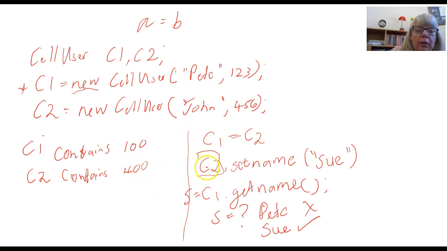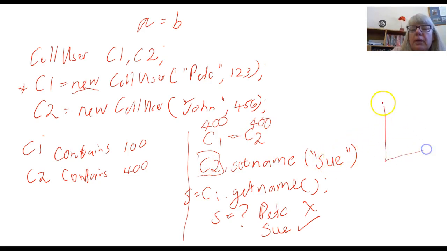Go to position 400 and change the name to Sue. So let's see what we have done here. We had two separate memory positions, but now we've taken C2's position and assigned it to C1. So that one is now 400 and this one is 400. So now we tell the computer, go to C2. C2 is 400. Go to that position and change the name there to Sue.